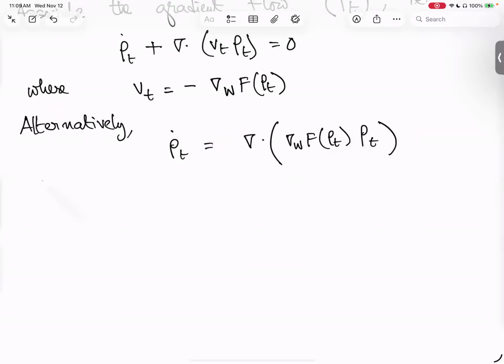Here, as usual, the Wasserstein gradient of f at rho, you should think of this as the gradient of the first variation of f at rho. So this rho_t is a curve of probability measures. This is my Wasserstein gradient flow of this function f. Everything depends on whether it exists, whether it's well-defined. We are just pushing this under the rug. Assume everything is well-defined and everything is nice.